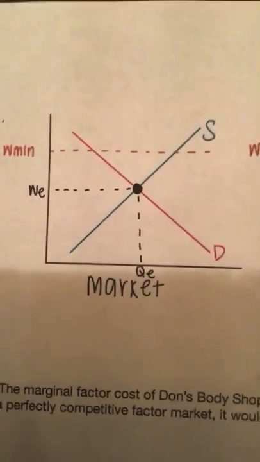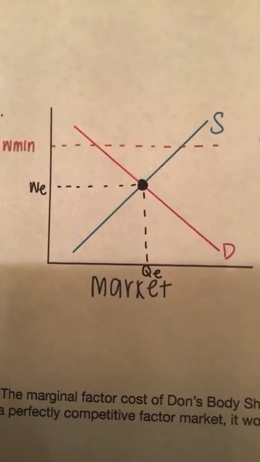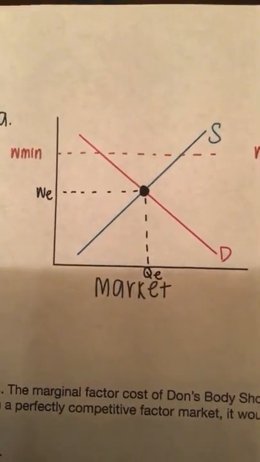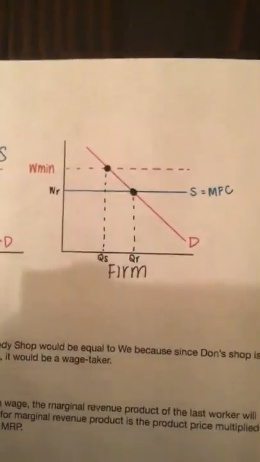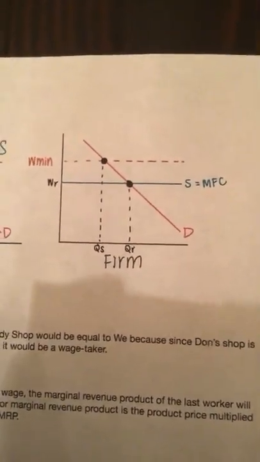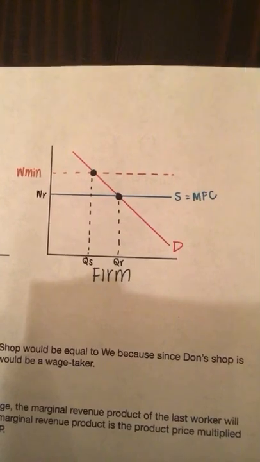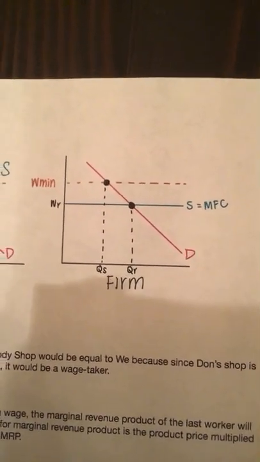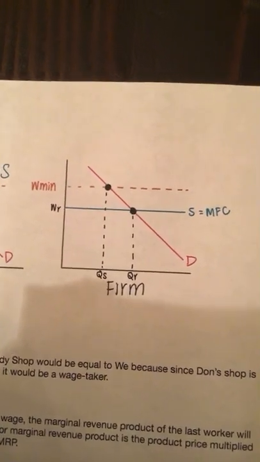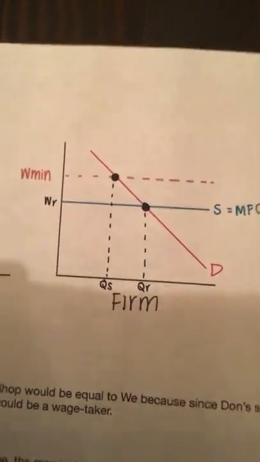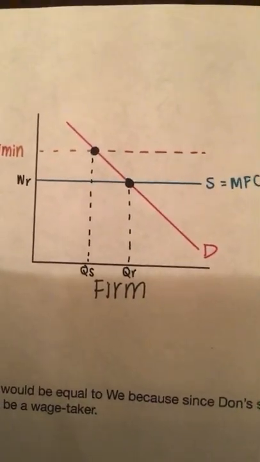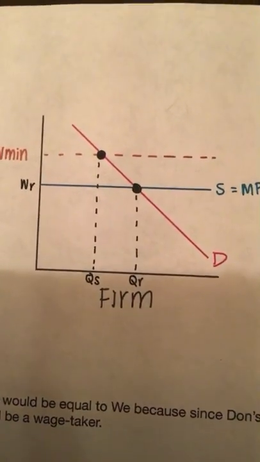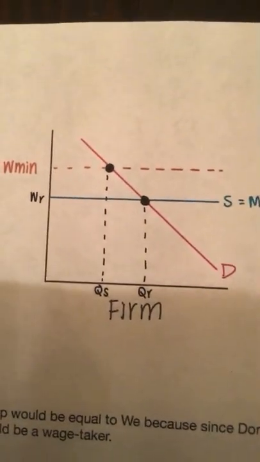And where they intersect is the quantity equilibrium and the wage equilibrium for that graph. And then the firm, since it's perfectly competitive, we have a horizontal curve for supply, and then we still have a downward sloping demand. And then QR and WR would be where these two curves intersect.